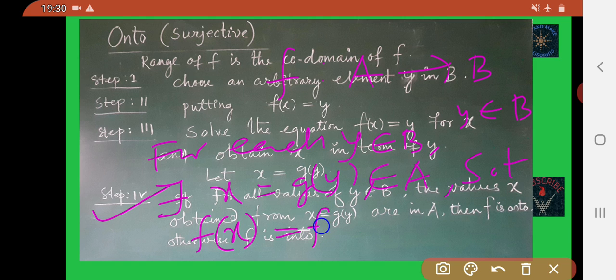F of x is equal to y means if here x is equal to g of y, is equal to y, means for each element of B, if there exists x equal to g of y in set A, such that f of x is equal to f of g of y, that is equal to y.